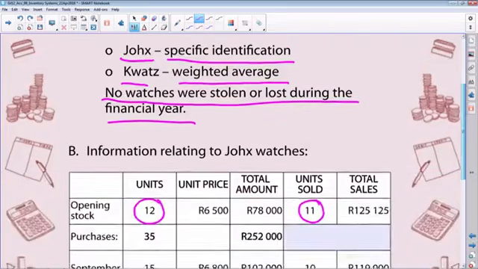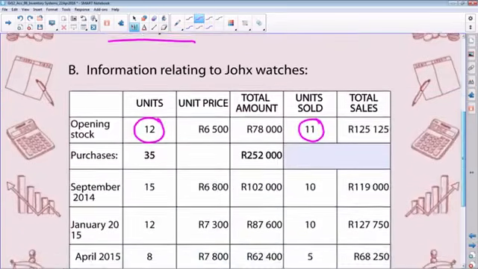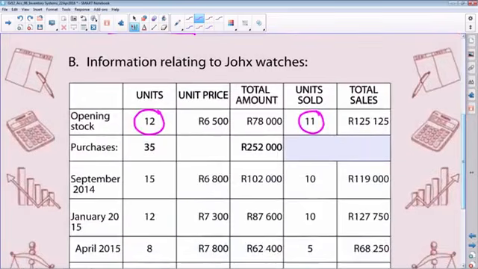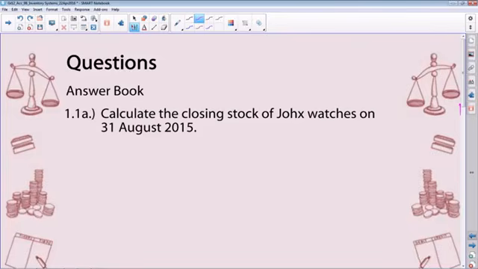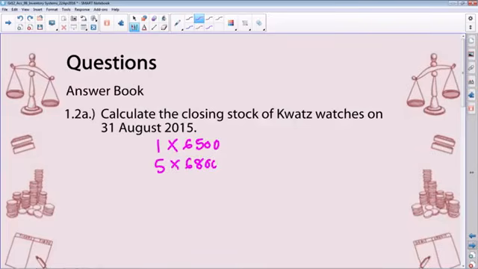Okay, let's go back. Next item, we had 15 of these units that we purchased, of which we have sold 10. Clearly you can see that you have 5 left over. 5 at what price? 6,800. Therefore, we're saying 5 at 6,800.